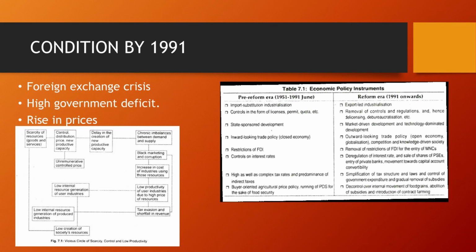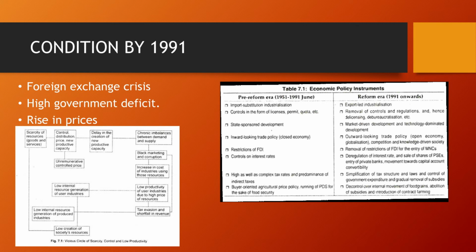Having set up the Planning Commission in 1951, our first Prime Minister, Pandit Jawaharlal Nehru, thought that he had devised a foolproof plan wherein, by keeping the industries under the public sector and a tight control on privatization, India could emerge as a global power.